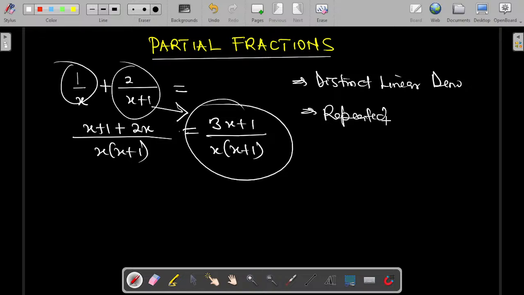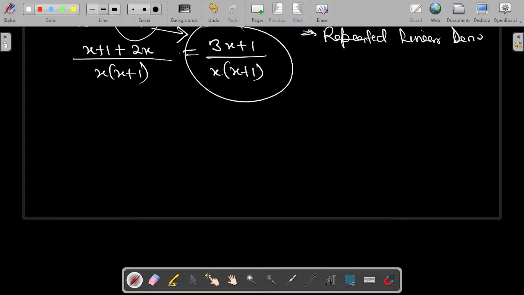For the repeated linear denominators, we said they follow a particular pattern, and we were able to do one or two examples. Maybe I should take one example before we get into today's topic.